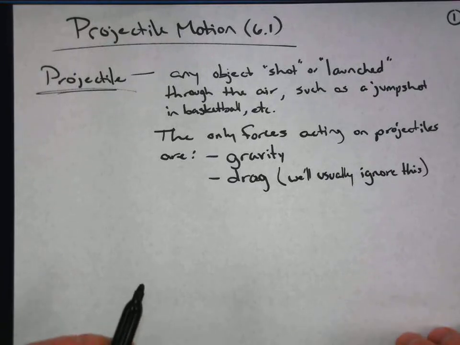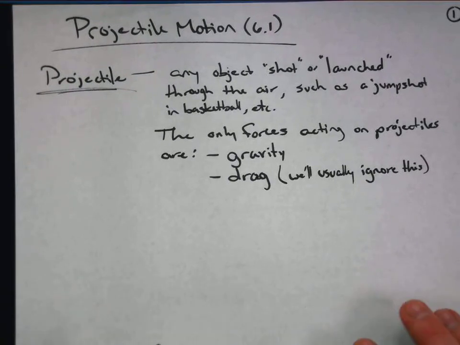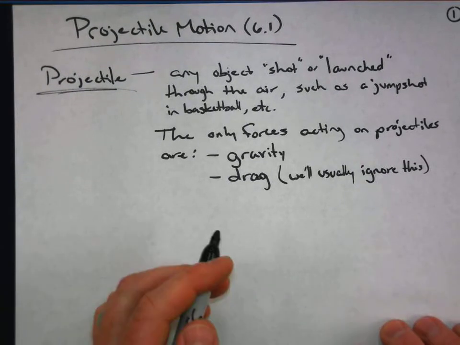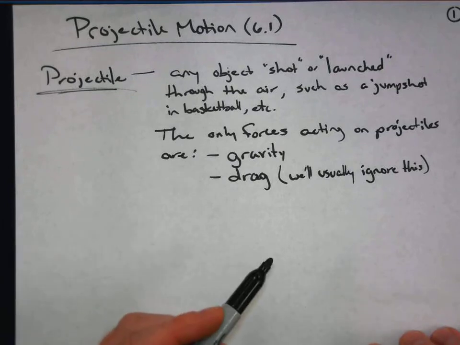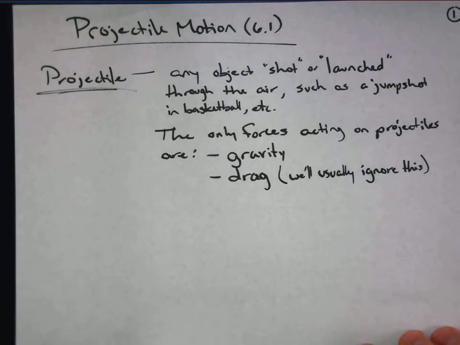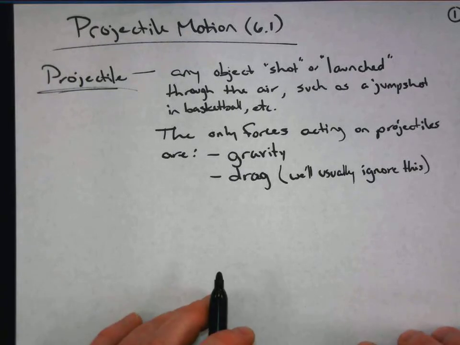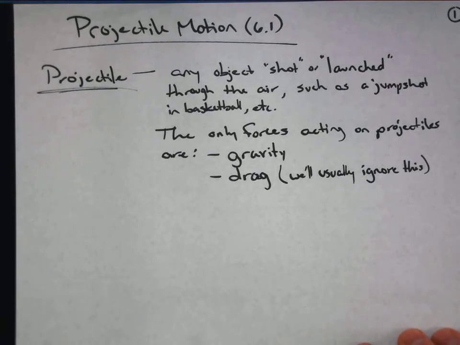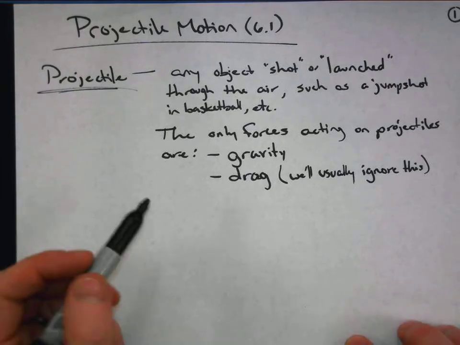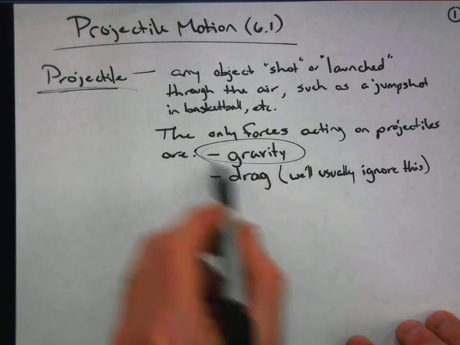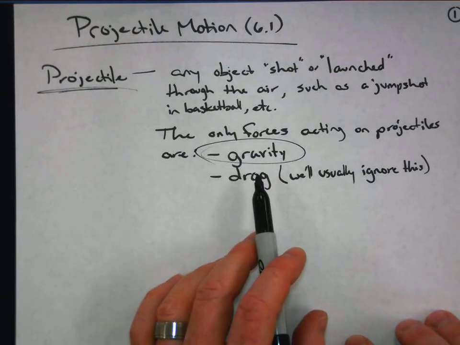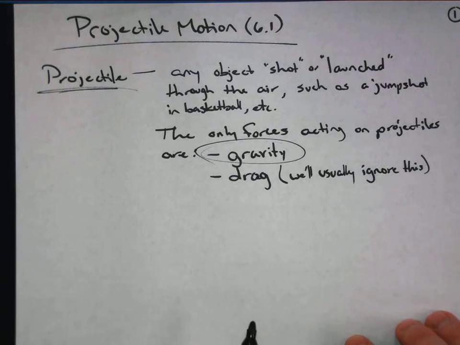Something moving at terminal velocity, of course. Drag is a factor there too. But for these problems, the jump shot, the frog hopping through the air, even, there's the bell, even a bullet fired from a gun, for our purposes, we're going to ignore drag and not have to worry about it, unless a problem or situation indicates otherwise.